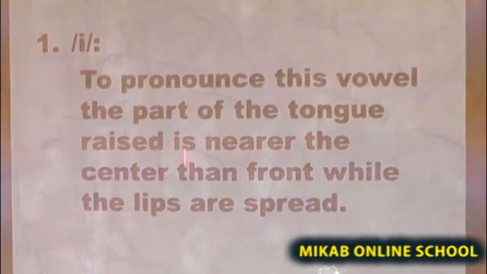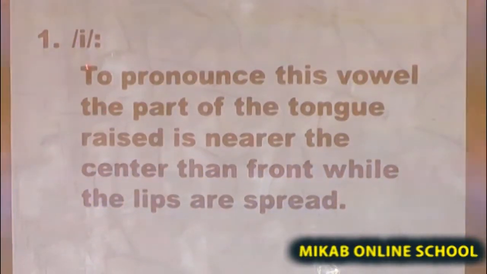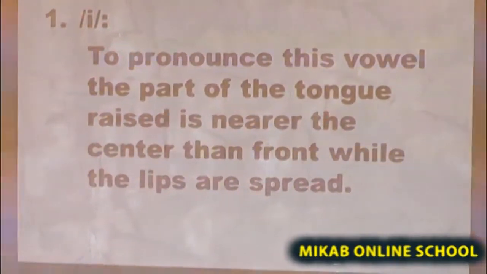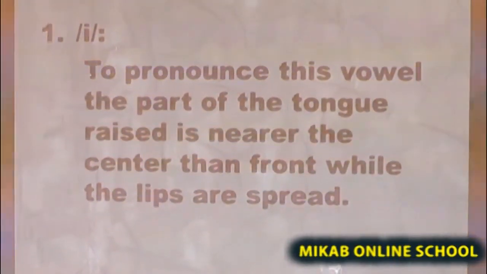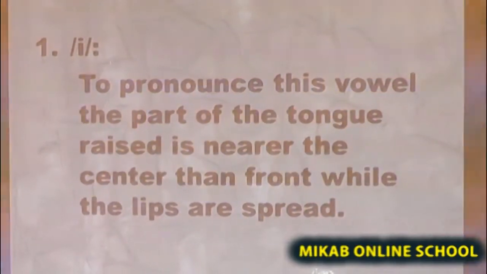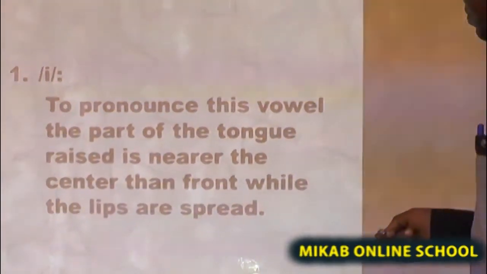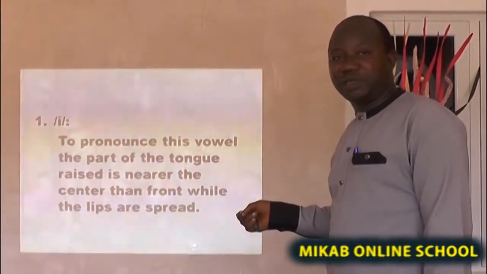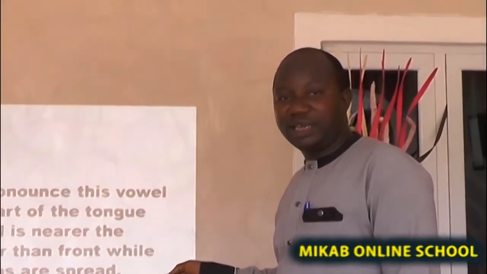To pronounce this very vowel, the part of the tongue that is raised is nearer the center than the front. In this regard, the lips are spread. When you look at my lips, I said it. Say it after me.